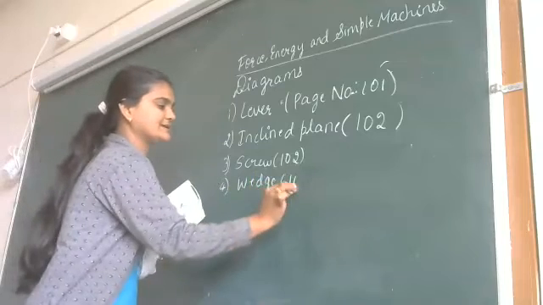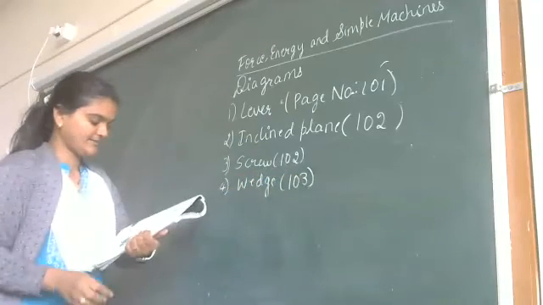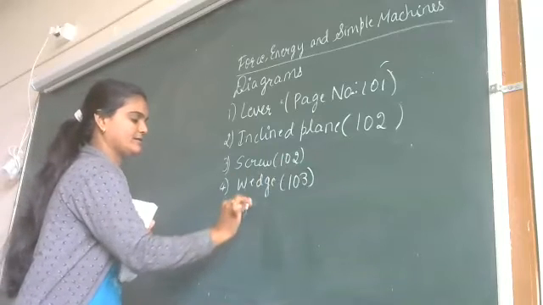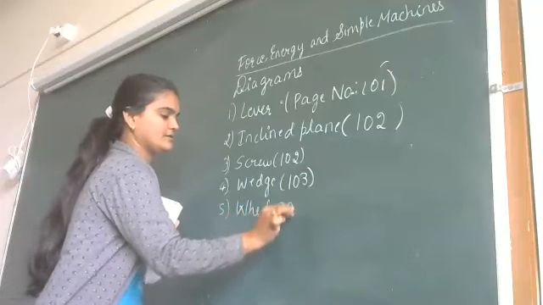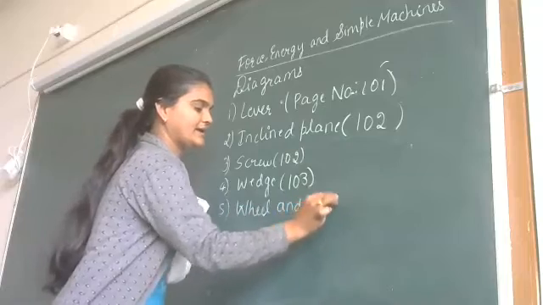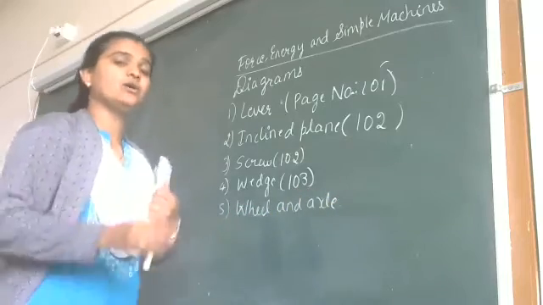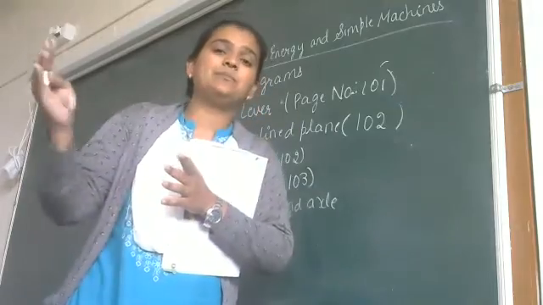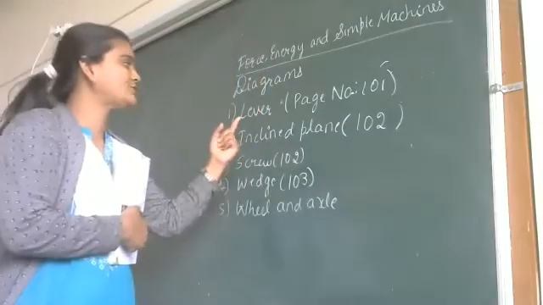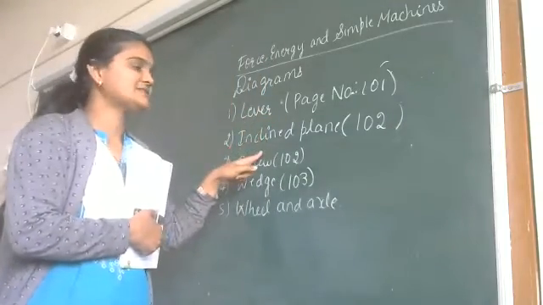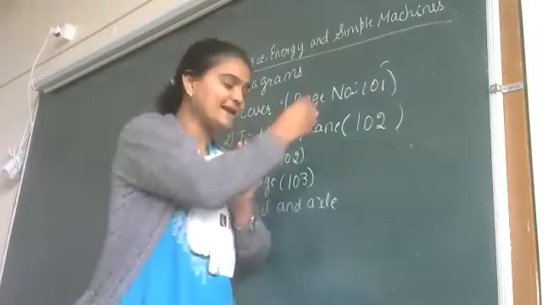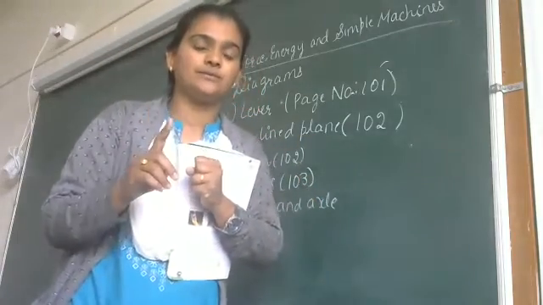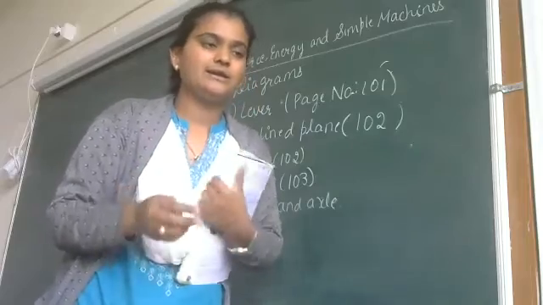The wedge page number is 103. Then wheel and axle. Try to accommodate it in 2 pages only. Don't take many pages. Don't draw lever on one page and inclined plane on another. Try to accommodate these in 2 pages of your science notebook. Okay?